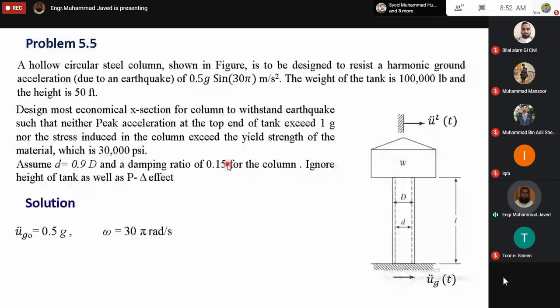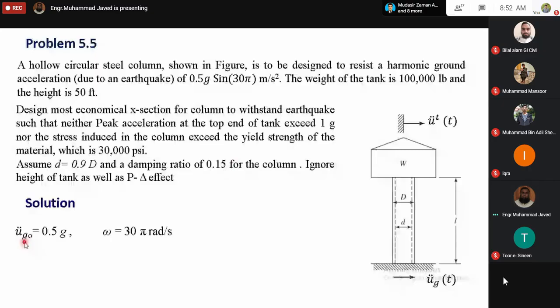So first of all, write all the information using proper notations. From this equation, we can see that the peak ground acceleration is 0.5 g. UG naught double dot is 0.5 g.